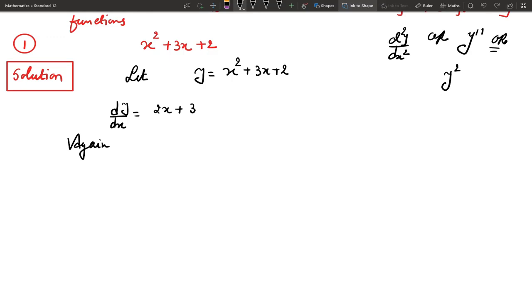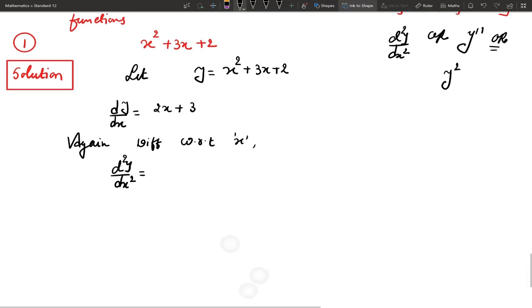Again differentiating with respect to x, this is the second order derivative d2y by dx2. The derivative of 2x is 2, a constant, d by dx of x is 1, and 3 is a constant. So the answer is d2y by dx2 equal to 2.